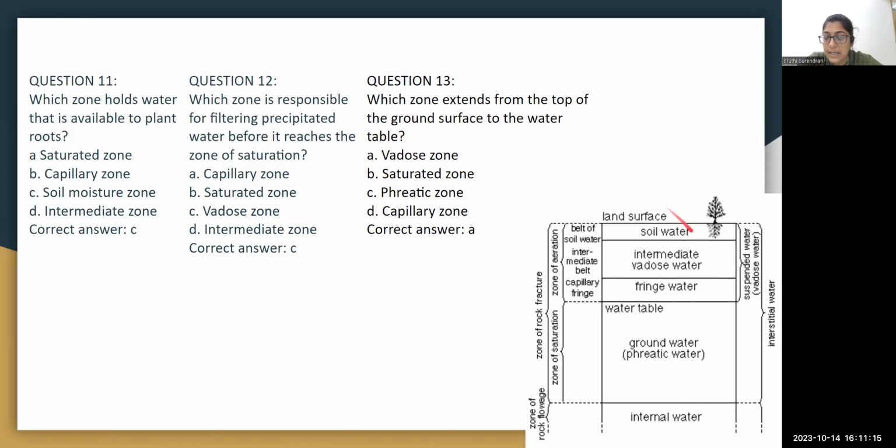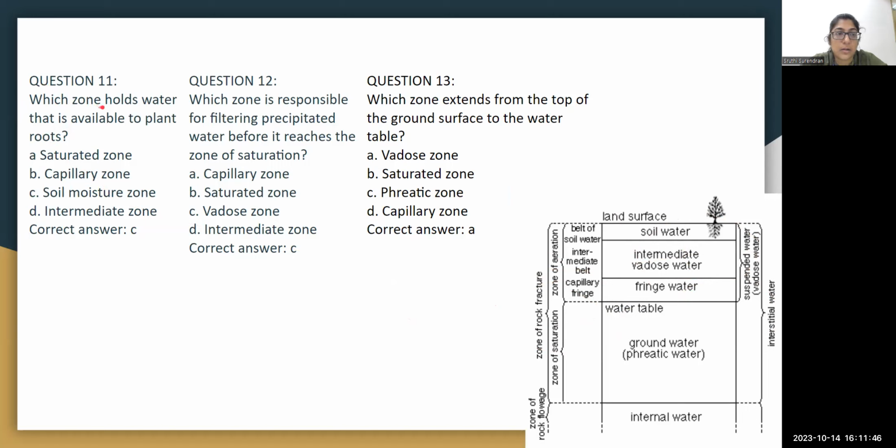So, these are the three segregations of layers of the soil based on the pore spaces as well as the amount of water that is occupying the soil zones. And below the water table, that zone is called the zone of saturation. So this classification is something that is majorly focused on in the third week, the zones and what all the characteristics of the zones are.